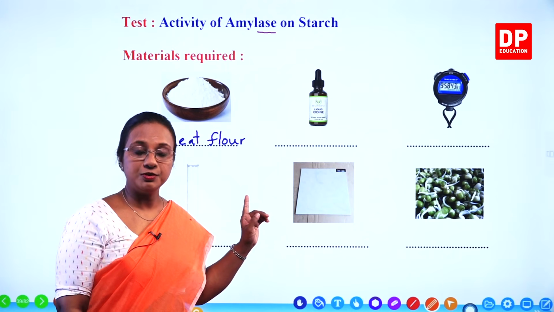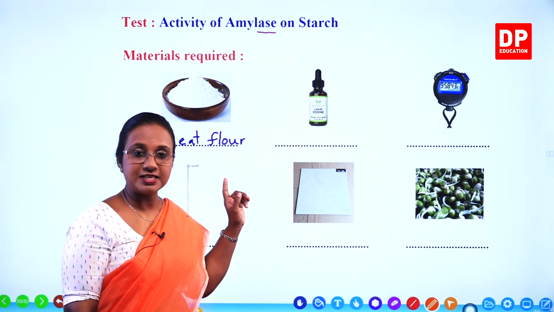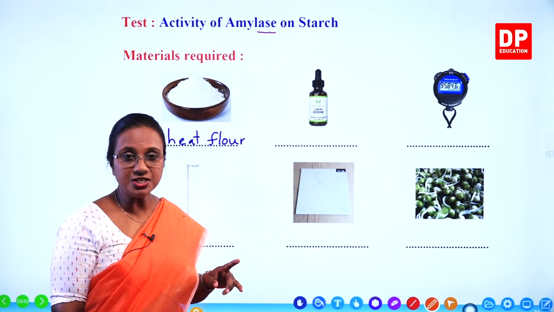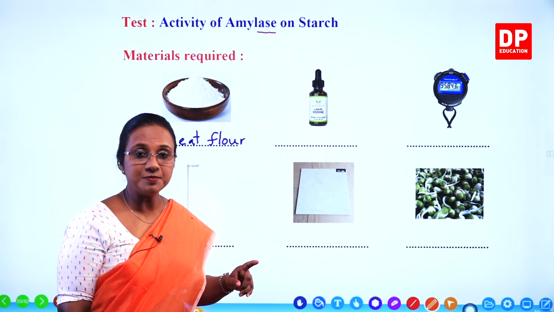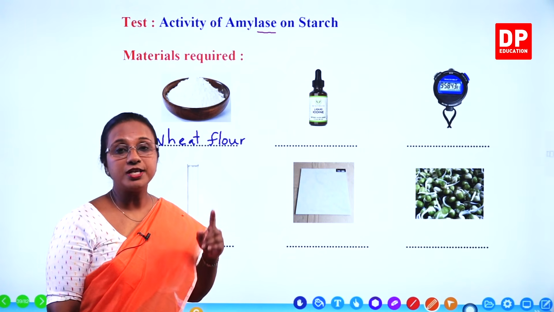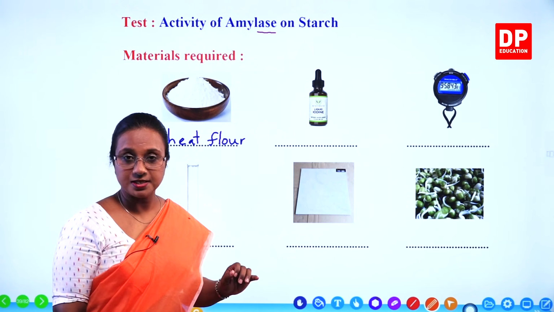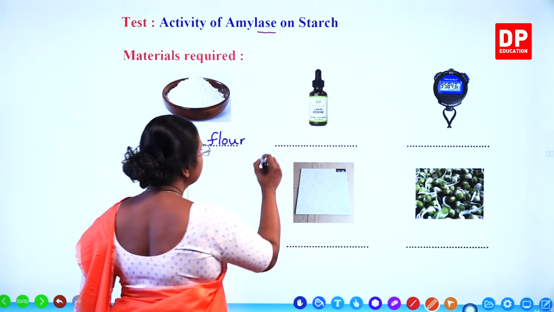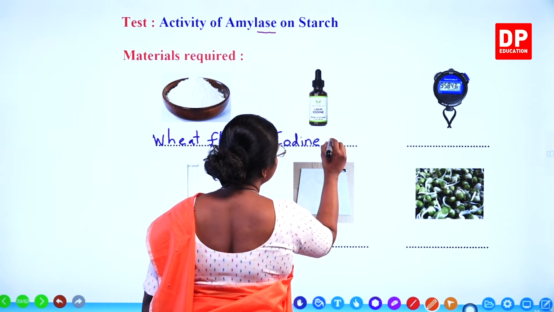When we add few drops of iodine solution to a substance containing starch, there was a color change. The reddish brown color of iodine becomes dark blue or dark purple in color. That confirms the presence of starch. So, here again we will be using iodine solution.